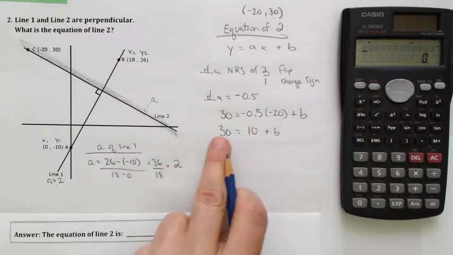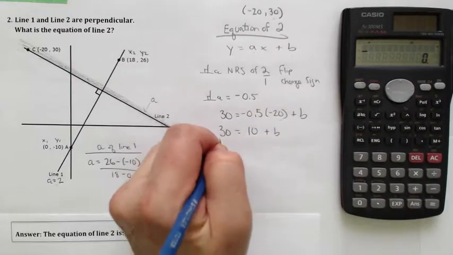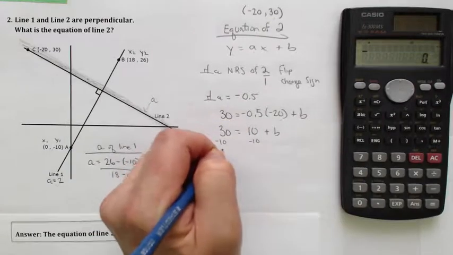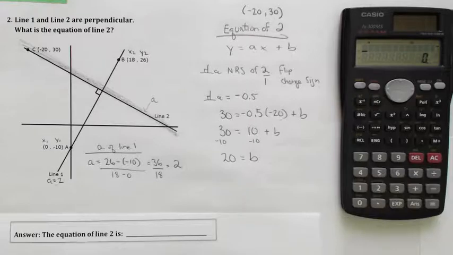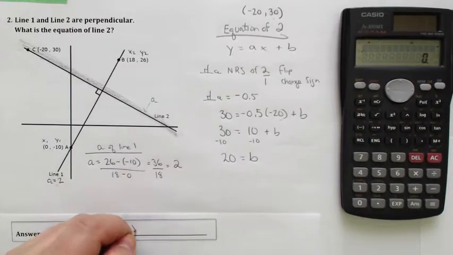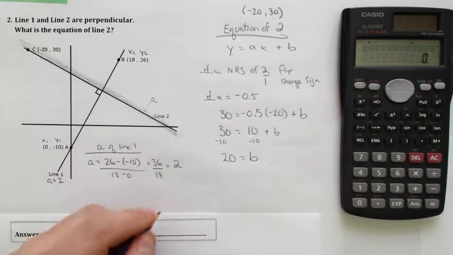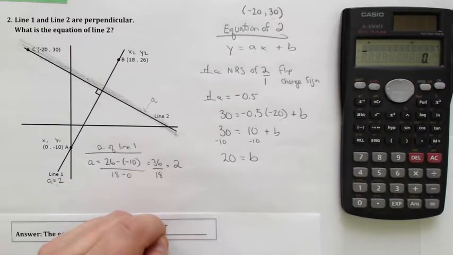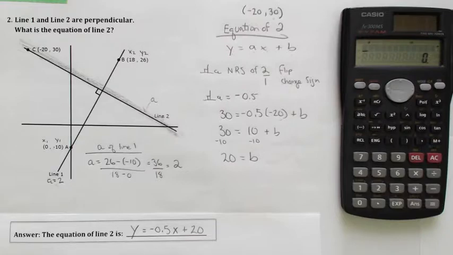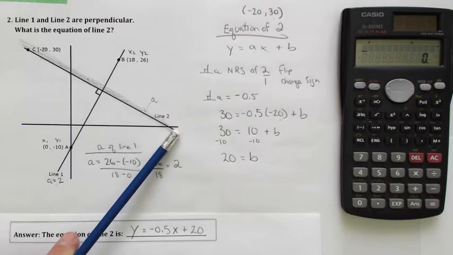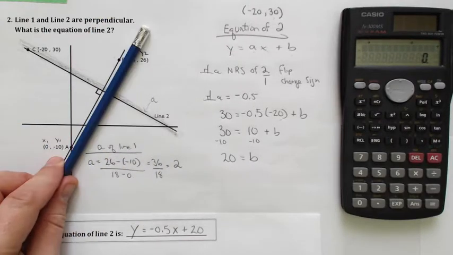I'm going to subtract 10 from both sides now, and I'm going to be left with 20 as my b. So the last step is to put everything together and write it down at the bottom where the solution gets written. So it's going to be y is equal to negative 0.5x plus 20. And that's the equation of line number 2, which is perpendicular to line number 1.